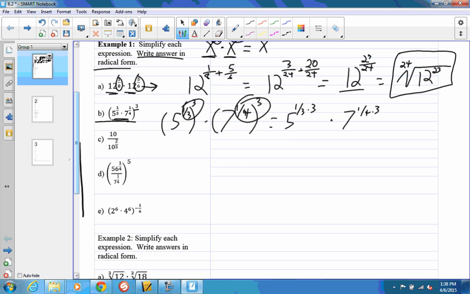5 to the 1/3 times 3 can be simplified as what? Is that just 5 to the first? 1/3 times 3? Yes. This is so hard. I couldn't do it, so I just took it.